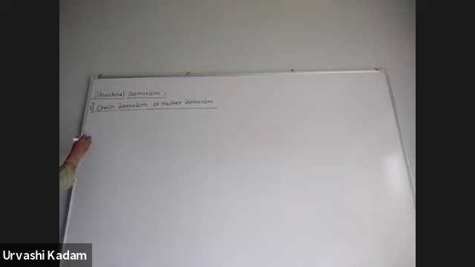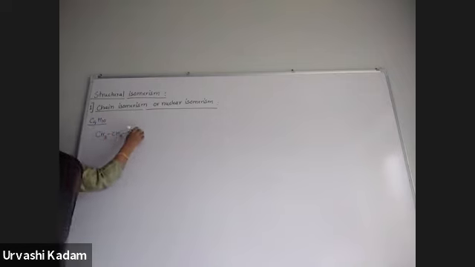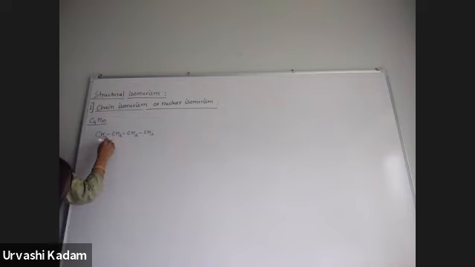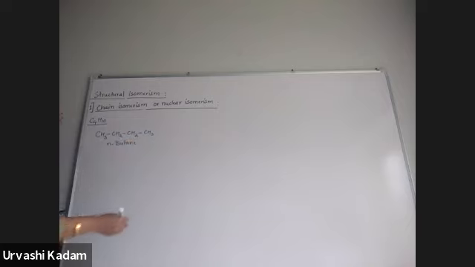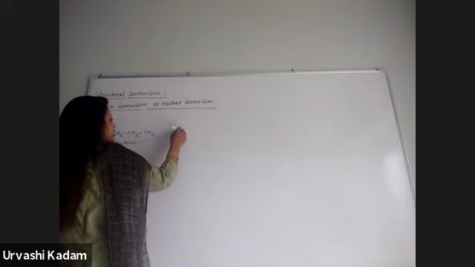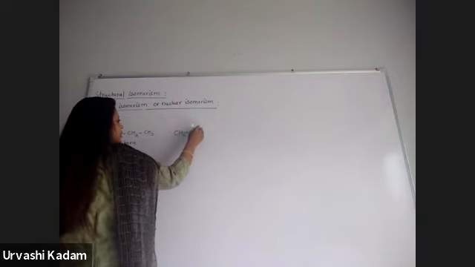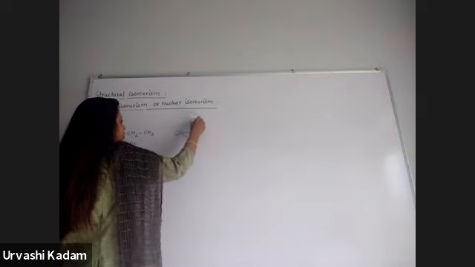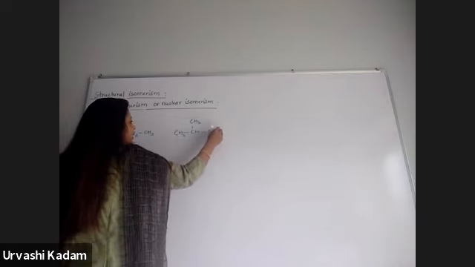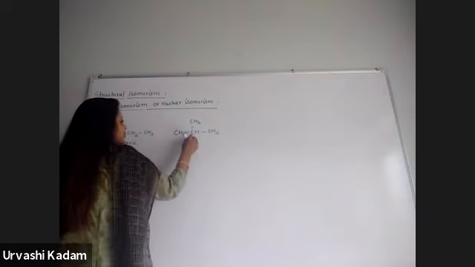Say for example, I take a formula C4H10. I am giving you an alkane with this formula. This is n-butane, and a chain isomer of n-butane, where there is a difference in carbon chain, is isobutane.